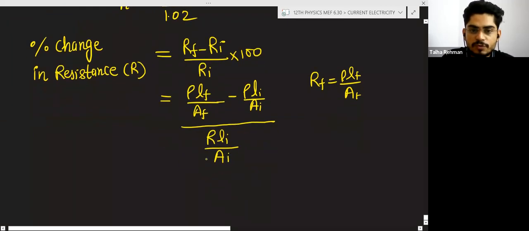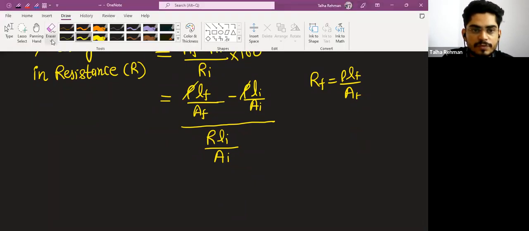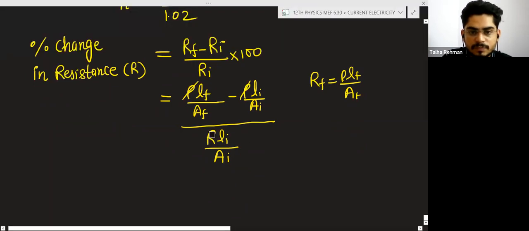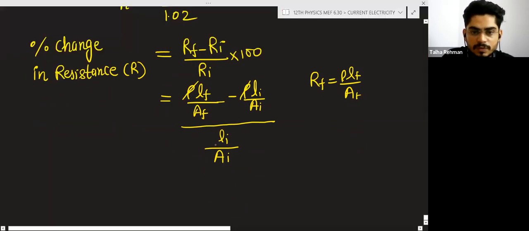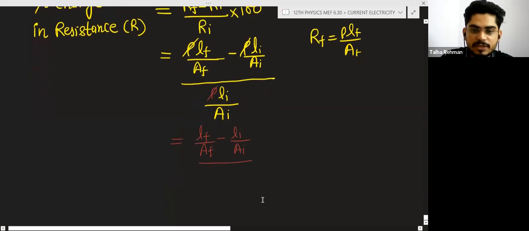So from here rho, this is not R, this is rho, will cancel out. So we will have L final by A final minus L initial by A initial, divided by L initial by A initial, also multiplied by 100.